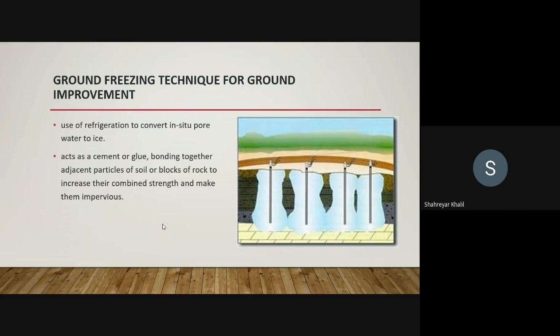The next technique is the ground freezing technique for ground improvement. This technique uses refrigeration to convert the pore water into ice. The ice that is formed will act as cement or glue that will bind together adjacent particles of the soil or blocks of rock to increase the combined strength and make them impervious.